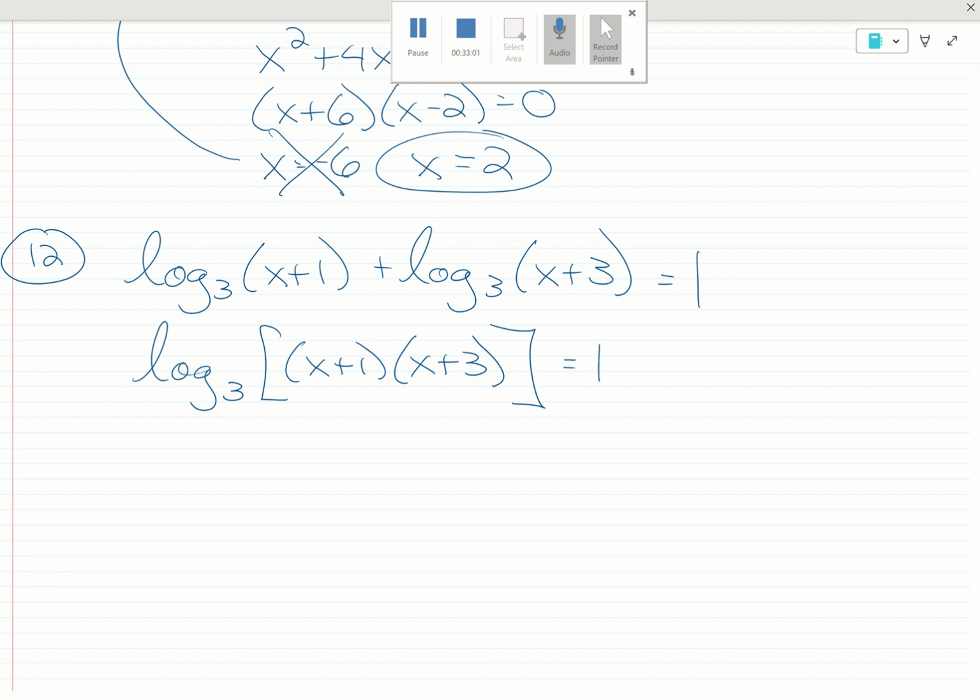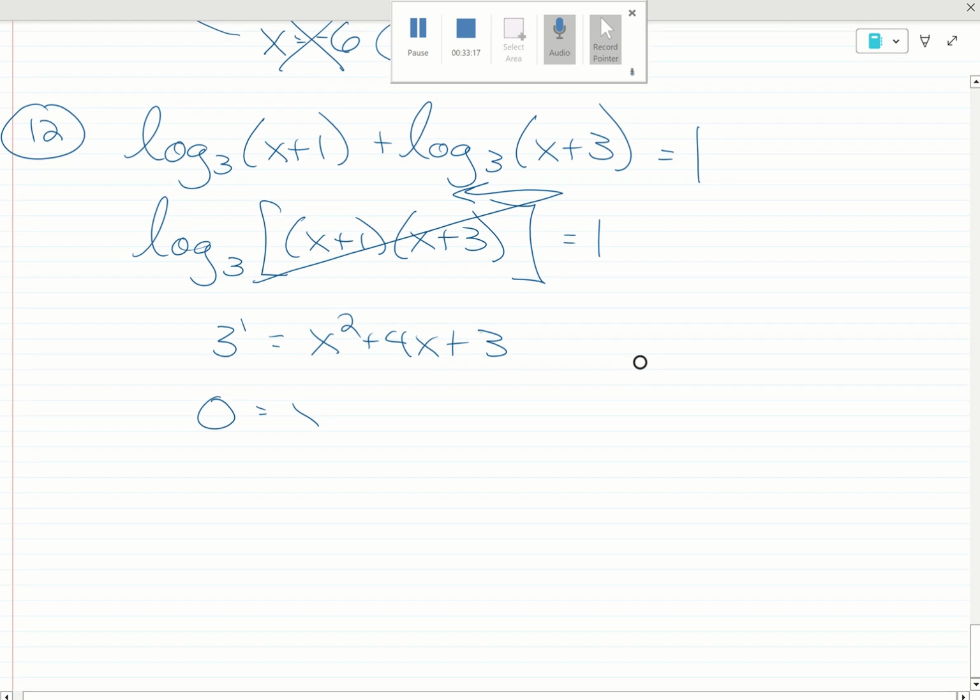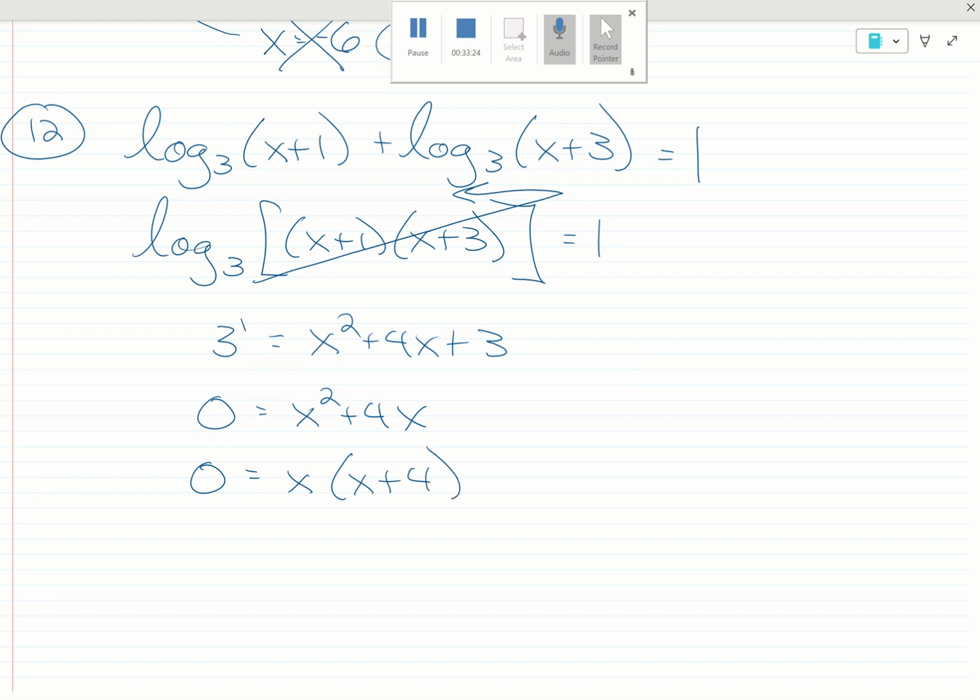Using the translation property, we'd have 3 to the first is equal to this. Bring the 3 over. So we have an equation where it's equal to 0. Go ahead and factor out the x. And we'd get x is 0 and x is -4. We know that we can't use -4 because that would make the inside of a log negative, so x would just be equal to 0.